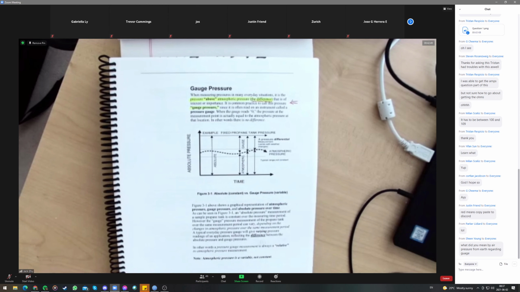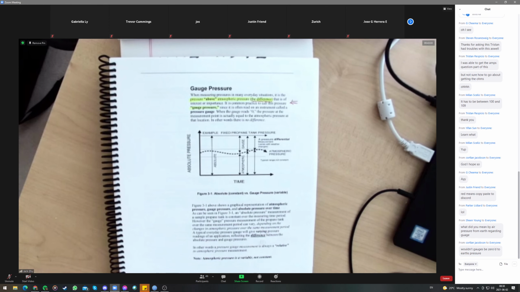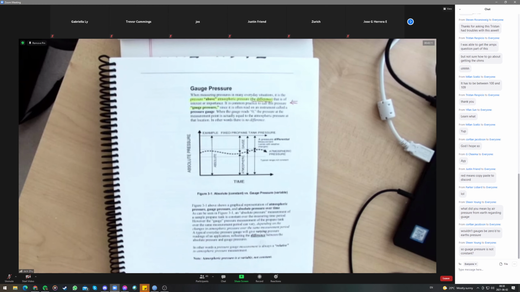You compare to that, and it's always there. If the gauge reads 0, it's equal to the Earth's surface air pressure.